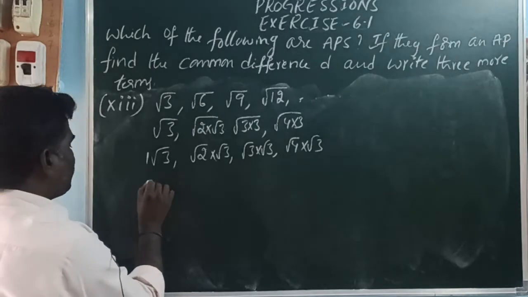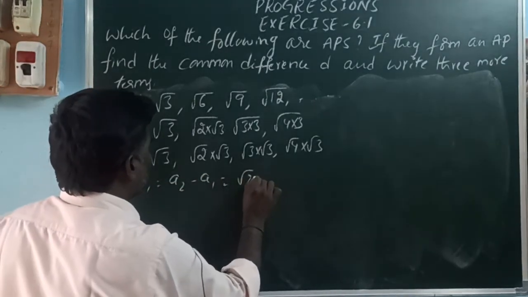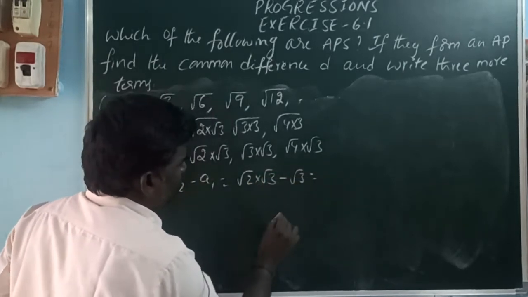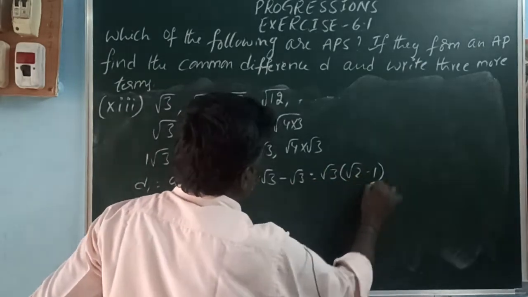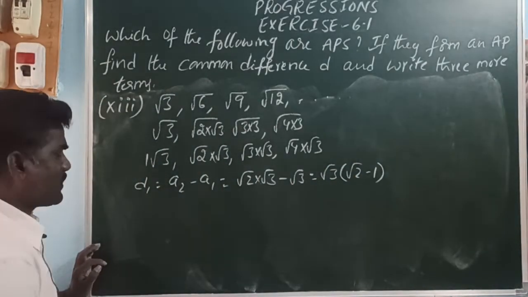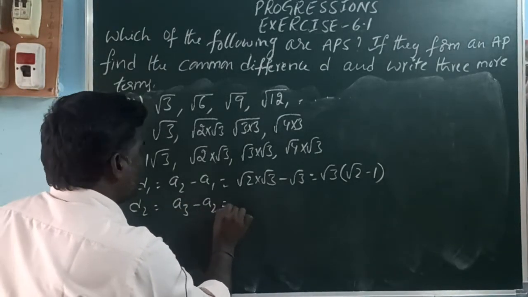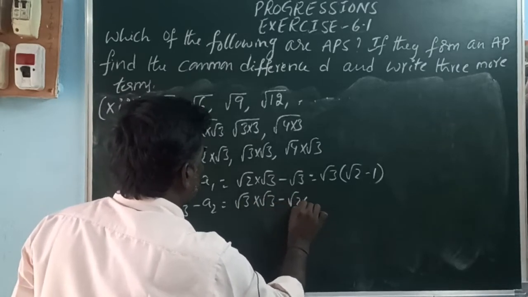So here d1 is equal to a2 minus a1, that is 2 root 3 minus root 3. So in this what is common? Root 3. So root 3 is taken outside, what is remaining? Root 2 minus 1. The common difference is how much? Root 2 minus 1. Next d2, that is a3 minus a2, that is root 3 into root 3 minus root 2 into root 3.